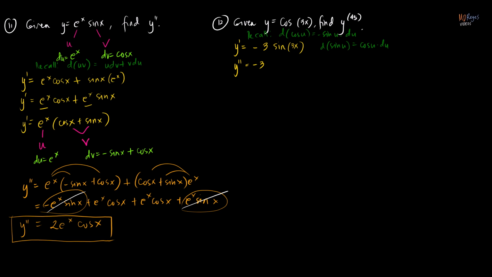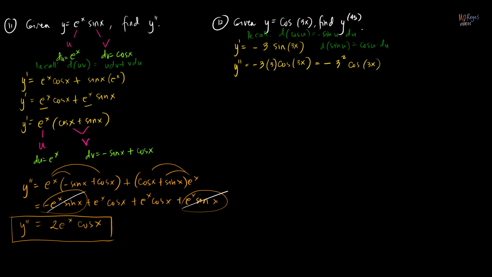So it's cosine of u, here 3x, times du. Again, the derivative of 3x is 3 with respect to x. So we can write this as negative 3 squared. So 3 times 3 is 9, or it can be written as 3 squared, cosine of 3x.